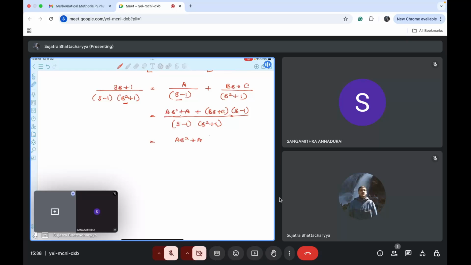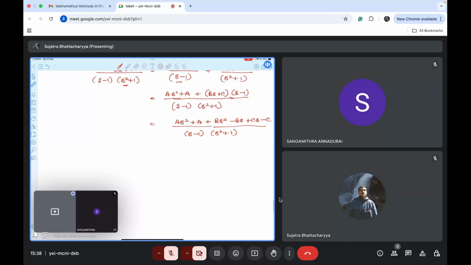Now I will multiply these two. So it will give you bs square minus bs plus cs minus c, divided by the same s minus 1, s square plus 1. So now you have a plus b s square plus minus b plus c times s, and finally the constant a minus c.